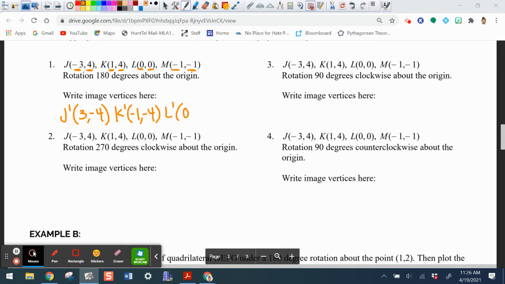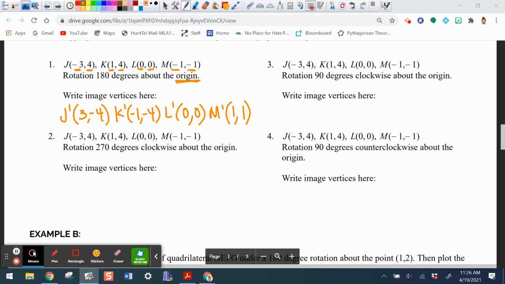L prime will still be located at 0, 0, and not just because it is 0, but because we are rotating around the origin. Remember that the center of the rotation, which in this case is the origin, does not move. Just like on our previous transformation, the reflection, points on the line of reflection do not move. Last but not least, M prime, we're going to change the signs to 1, 1.